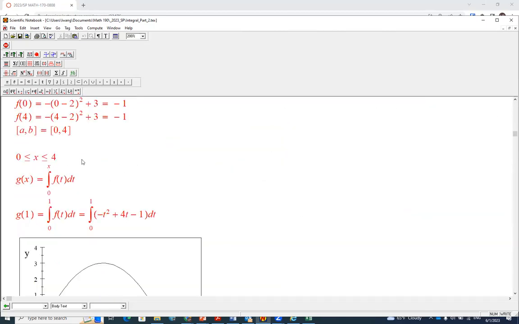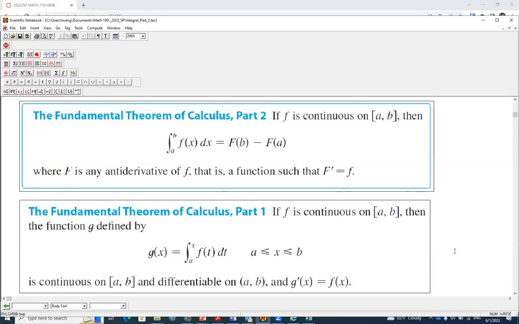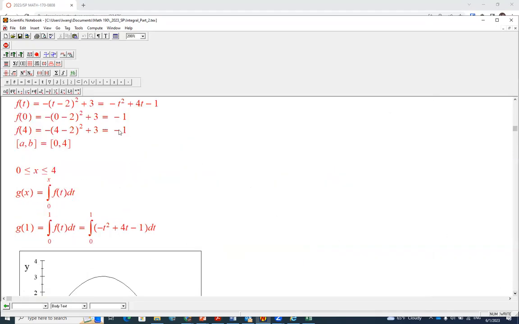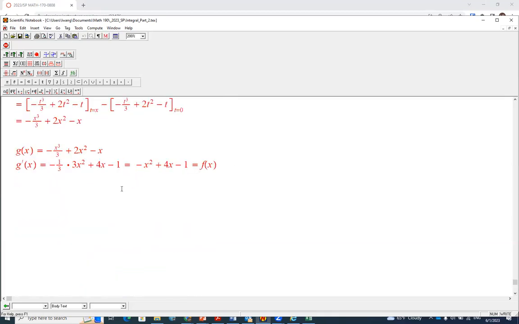Right, what is f of t? This is our f of t. If I replace t by x, that's f of x. Same thing.